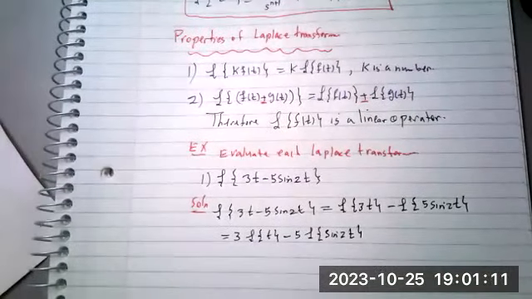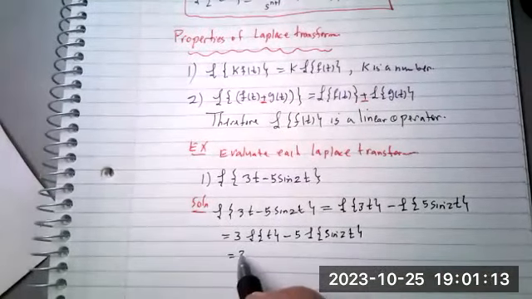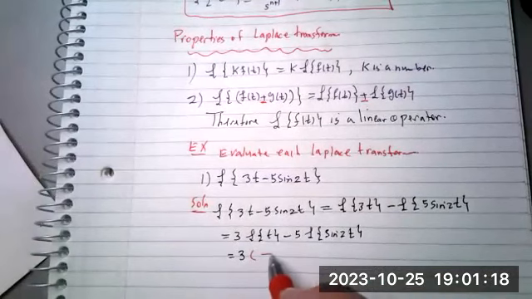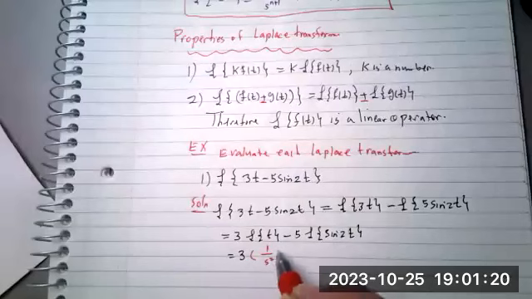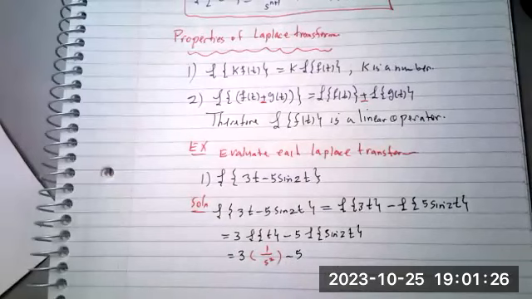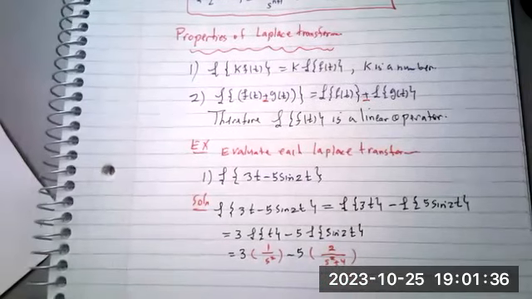Okay, now substitute. That's going to be 3, from the table that would be given to you, the Laplace of t is 1 over s squared, minus 5 times the Laplace of sine of 2t. Sine is a over s squared plus a squared. So it's going to be times 2 over s squared plus 4. You have to simplify it. Okay?